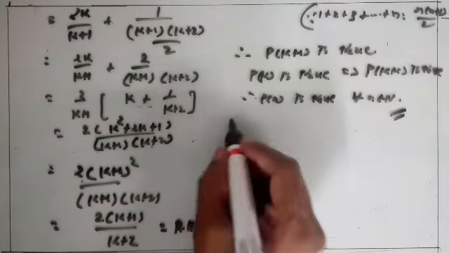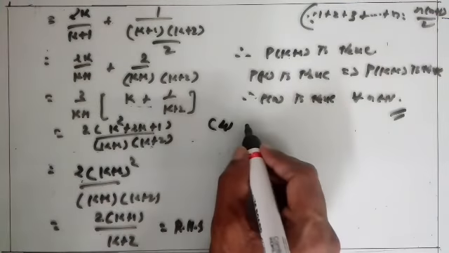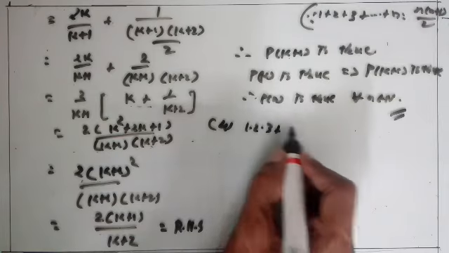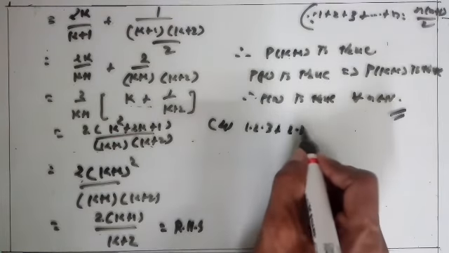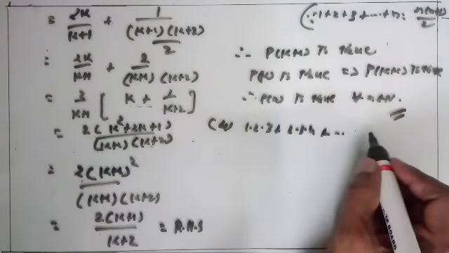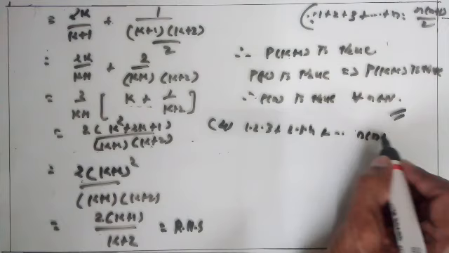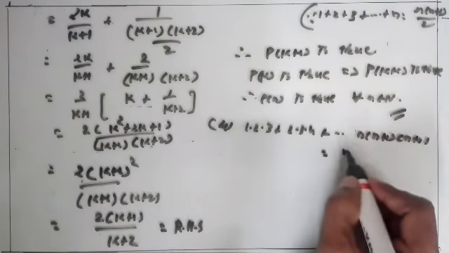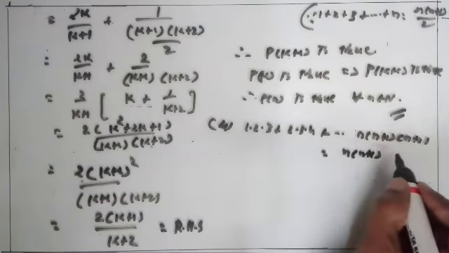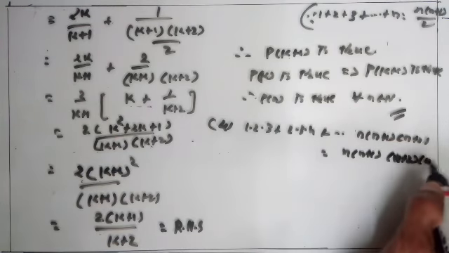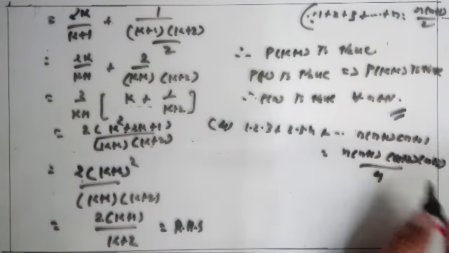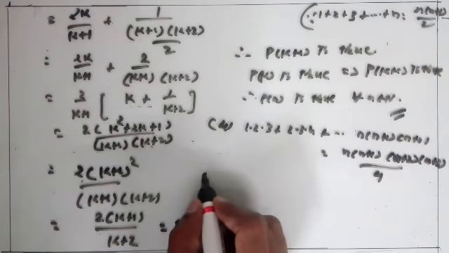Similarly, applying the same method, we solve this question number 4: 1 into 2 into 3 plus second term 2 into 3 into 4 plus up to plus the last term n into n plus 1 into n plus 2 is equal to n into n plus 1 into n plus 2 into n plus 3 upon 4. Applying the same, solve this yourself.